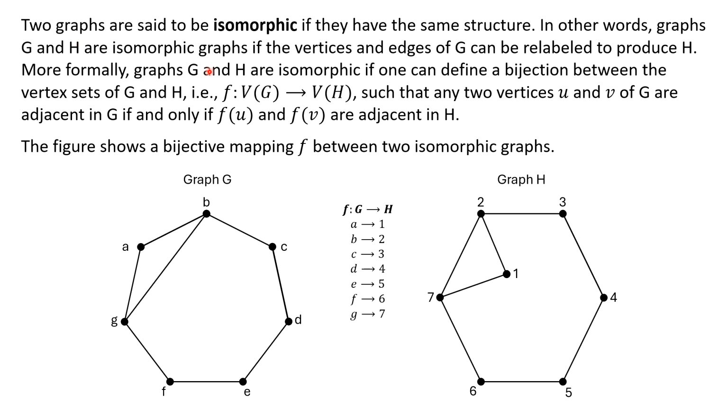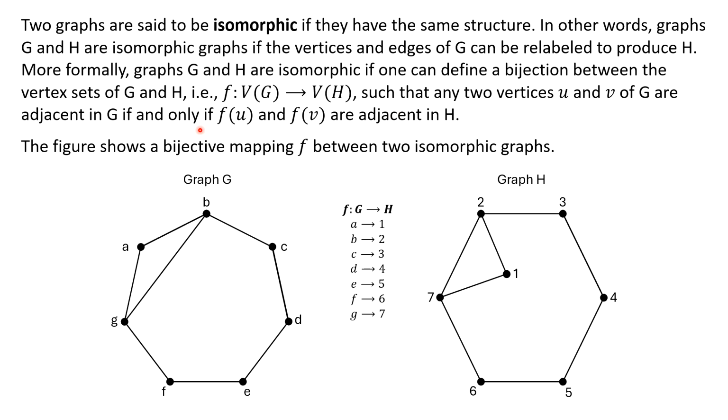More formally, graphs G and H are isomorphic if one can define a bijection between the vertex sets of G and H, i.e. some function f between the vertices of G and the vertices of H, and the function is a bijection, such that any two vertices U and V of G are adjacent in G if and only if the mappings f(U) and f(V) are adjacent in H.